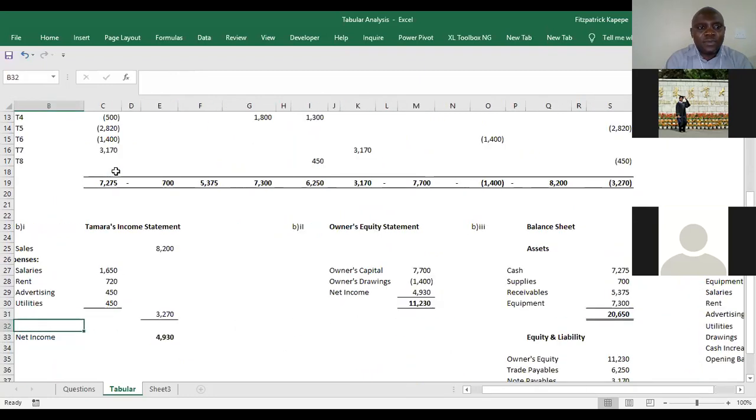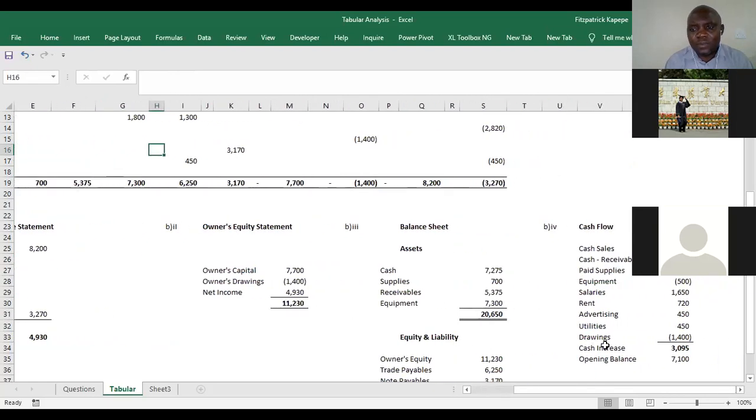You know what? This 3,170. What was this? Transaction number 7. What was that? Zanaco Bank not paid. Wow. How do we forget that?